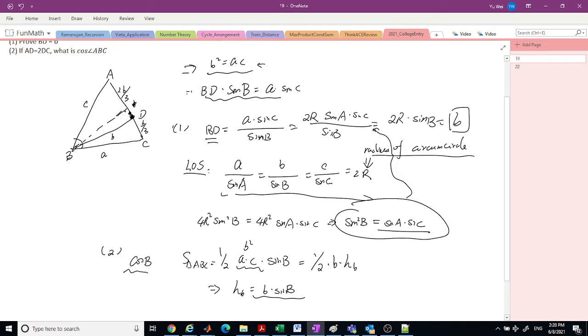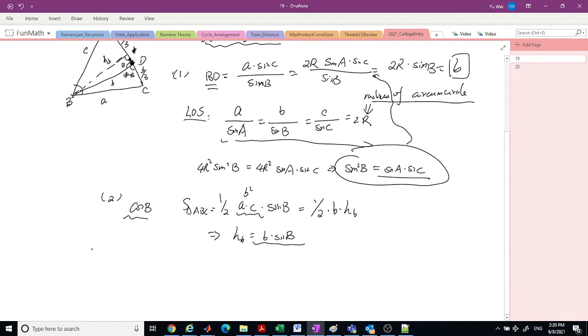So this is the height h_b. So b sine B is equal to h_b, which means this angle is B and this angle is 180 minus B, right?